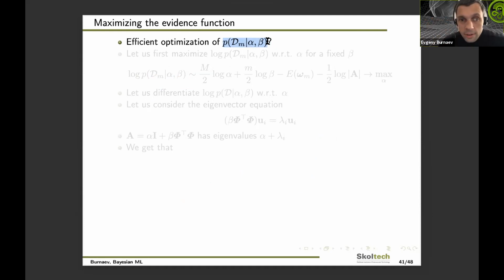But in this particular case, in case of a linear model, this is not the most optimal strategy, in the sense that for the linear model, some things can be written out more or less explicitly, and because of that, you can optimize evidence for a linear model a little bit more efficiently than you often do in case of some general models.